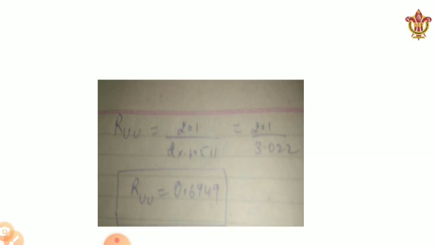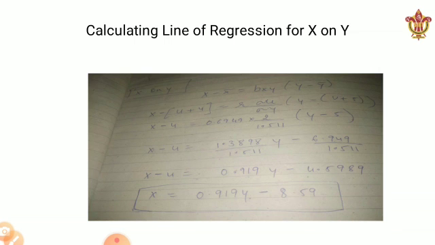Now what have we got? We have got the regression coefficient, but we need to calculate the line of regression. The formula indicates that we need to find the line of regression for x on y and for y on x. Now for x on y, it will be x minus x bar equal to bxy in bracket y minus y bar.